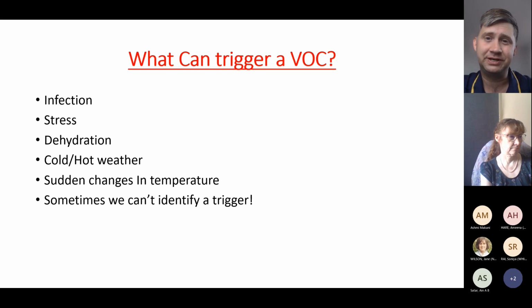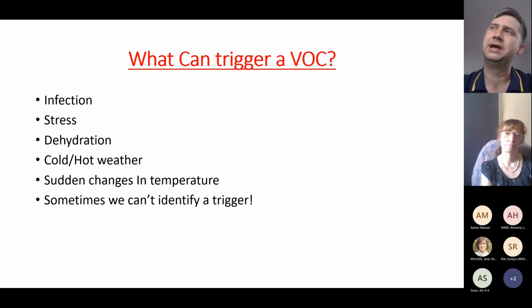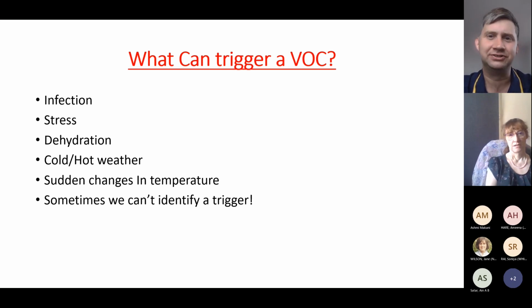Sudden change in temperature as well. I have patients who go back to, say, Nigeria for their summer holidays. They go over there for 6 weeks on a plane, and as soon as they get off the plane in Nigeria and it's 40-degree heat, they go straight into a crisis, which we can't really avoid.